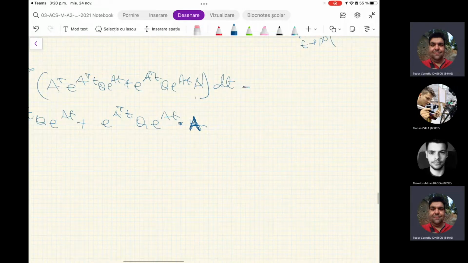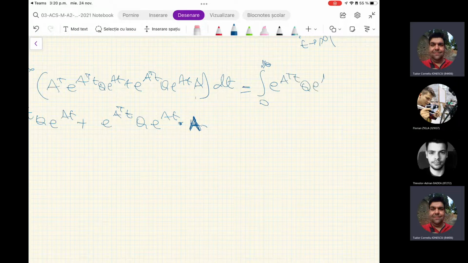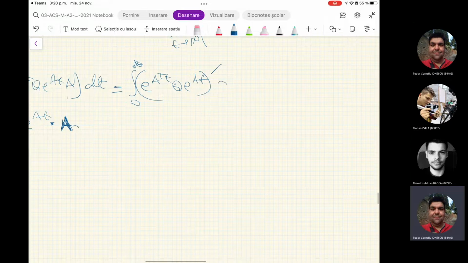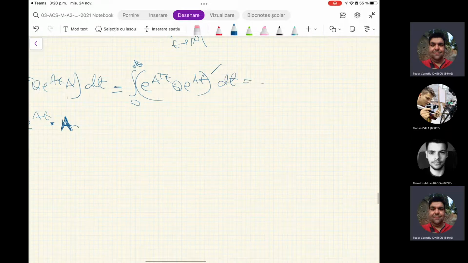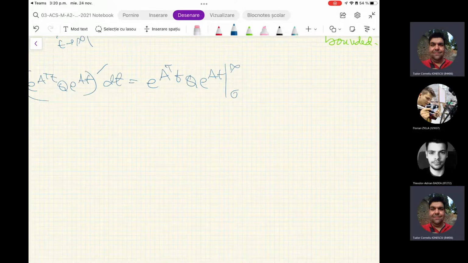So it's essentially the integral from 0 to infinity of (e^(A transpose t) Q e^(At))' dt. So this is e^(A transpose t) Q e^(At) between 0 and infinity. At infinity they're all 0, and at 0 it's all minus Q.